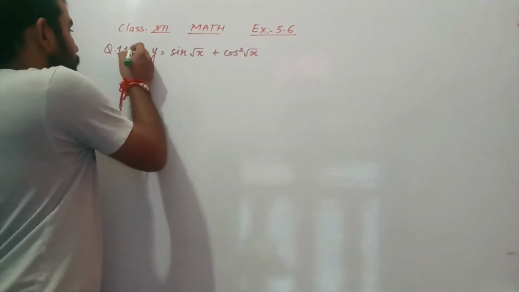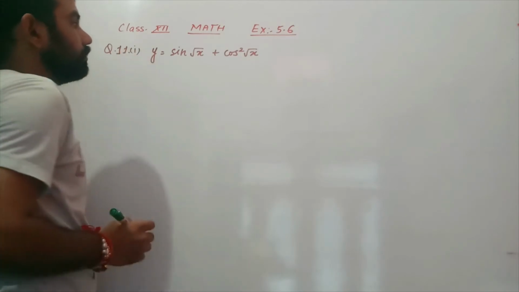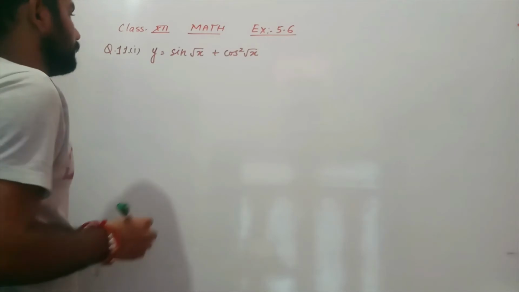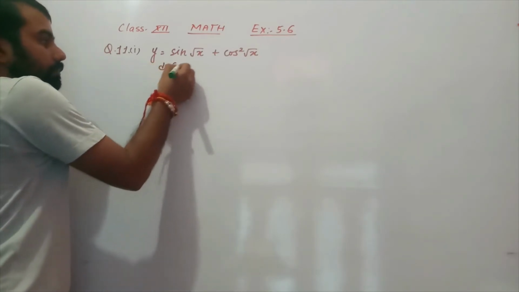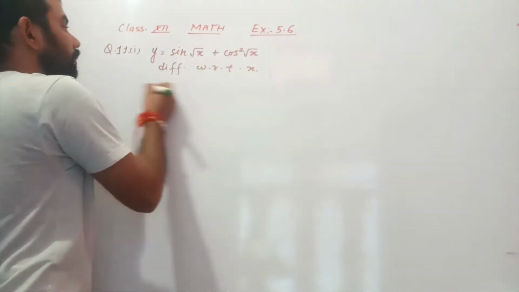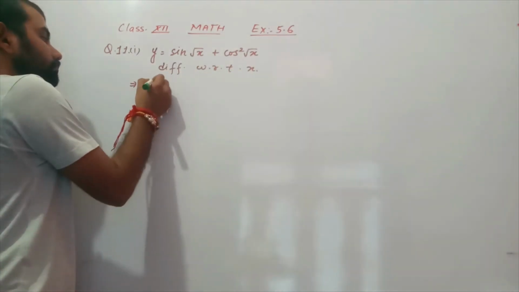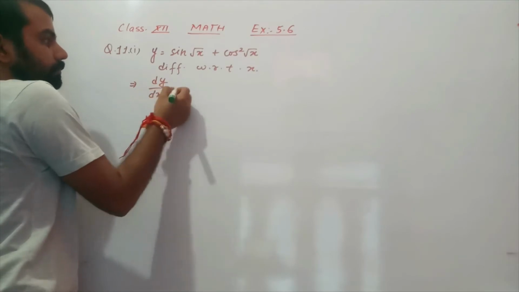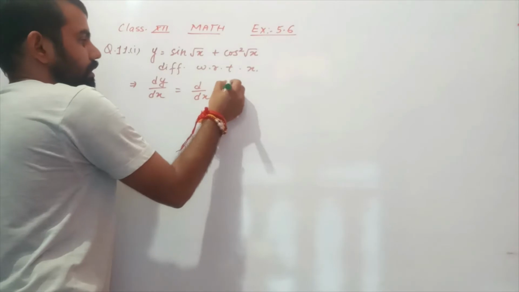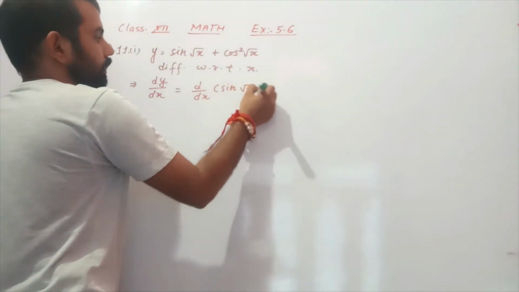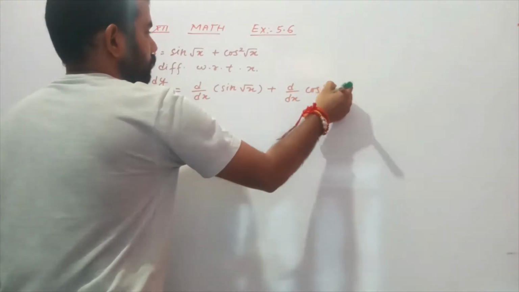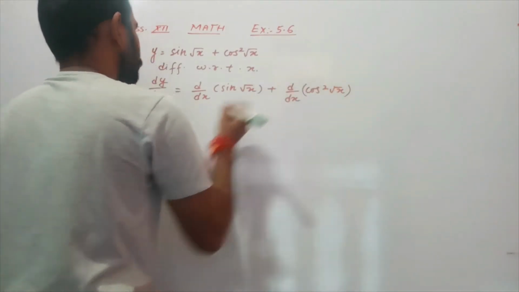Next question is question number 11, part number first. y is equal to sin root x plus cos square root x. Differentiating with respect to x. This implies that dy by dx is equal to dy dx of sin root x plus dy dx of cos square root x.